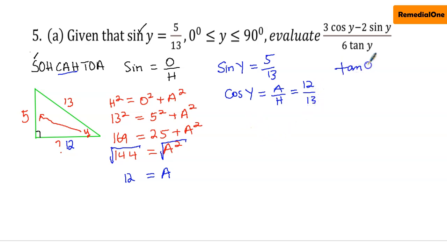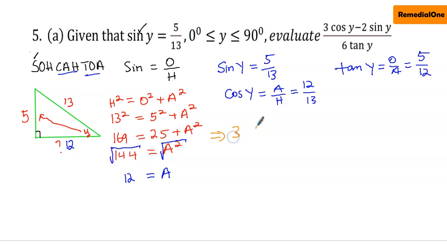Now tan y, tan is opposite over adjacent, and the opposite is 5 and adjacent is 12. So now we've got all our numbers. All that we have to do is just plug into the expression.